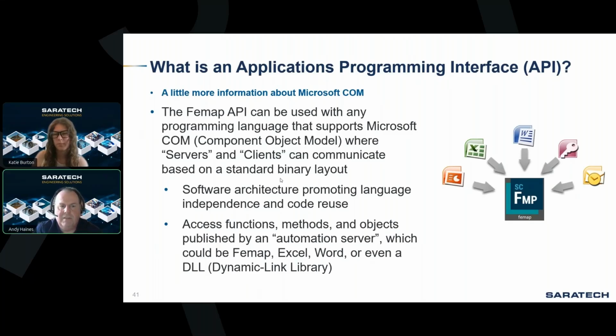It's essentially a software architecture promoting language independence and code reuse. It allows you to access functions, methods, and objects published by, quote unquote, the automation server, which again could be Femap, Excel, Word, or even a DLL, a dynamic link library.